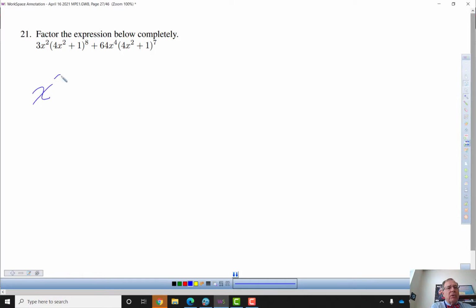So x squared times 4x squared plus 1 to the 7th power. Then I'm going to put another grouping symbol, a bracket. The things that I left here are a 3, and I took out to the 7th power, so there's still a 4x squared plus 1 here.